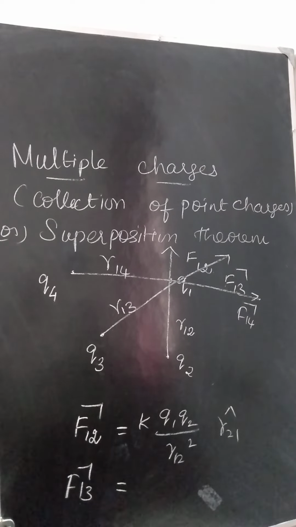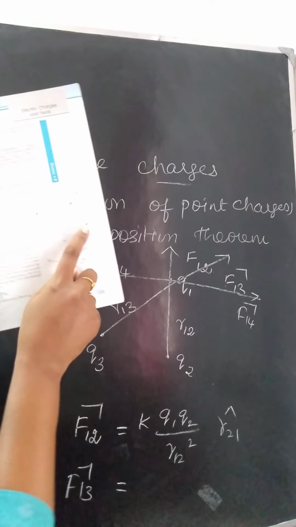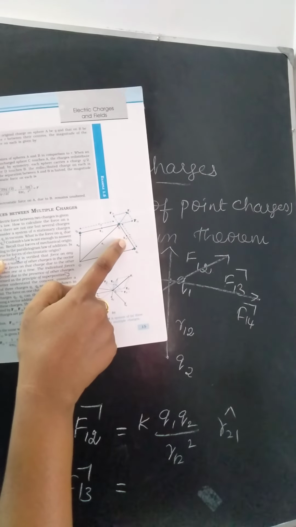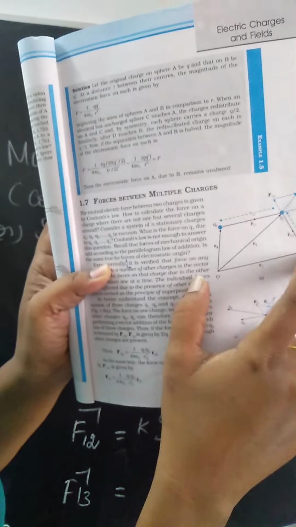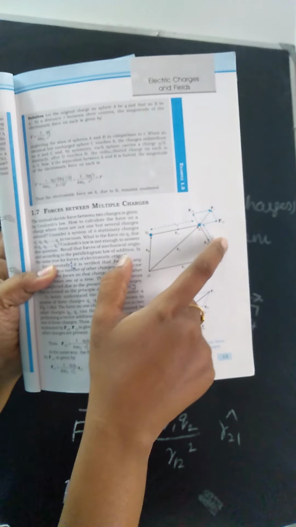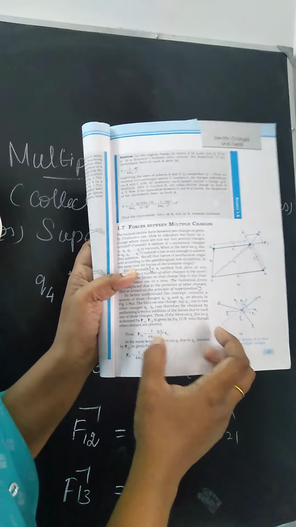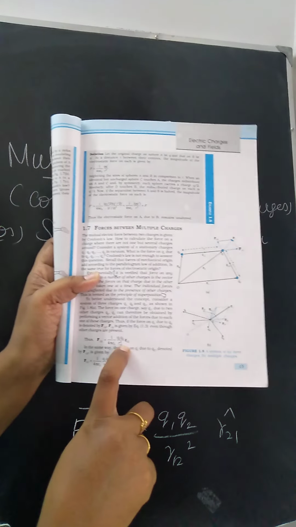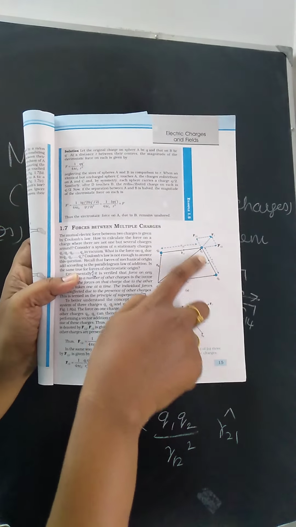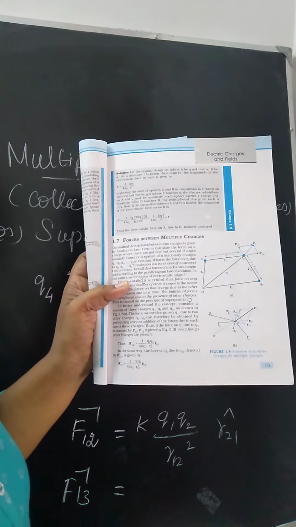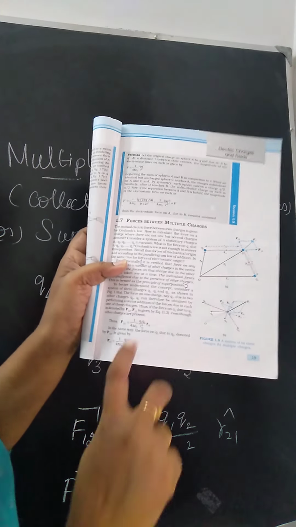See, they have given the direction. Here they are taking from 3 to 1 only. See the arrow mark? 3 to 1 only it is, right? But they have written R13. It will not come like that. R31 only will come. Because it's a directional vector. See the direction? It is starting from 3 and ends at Q1. So it will be R31 only. It is given wrong here.